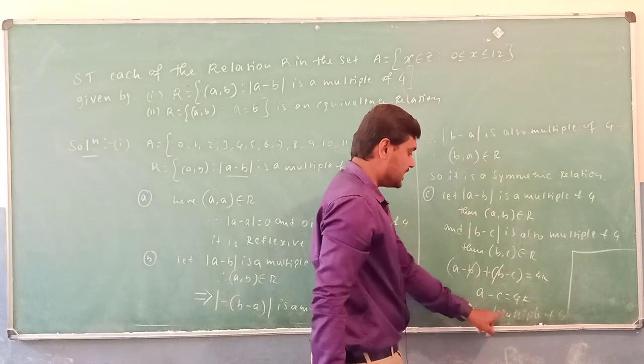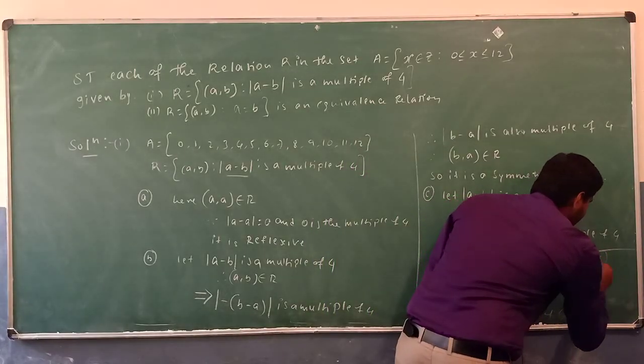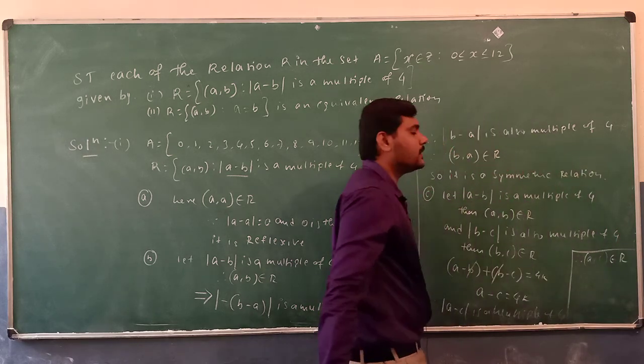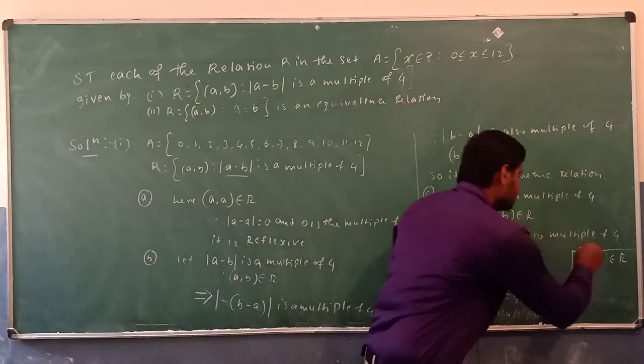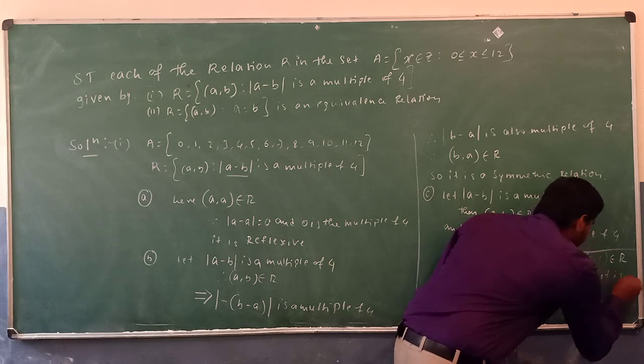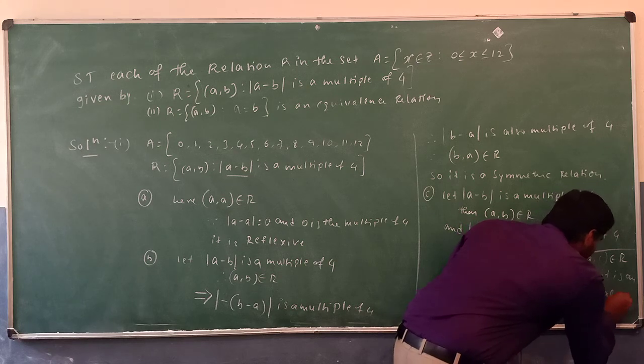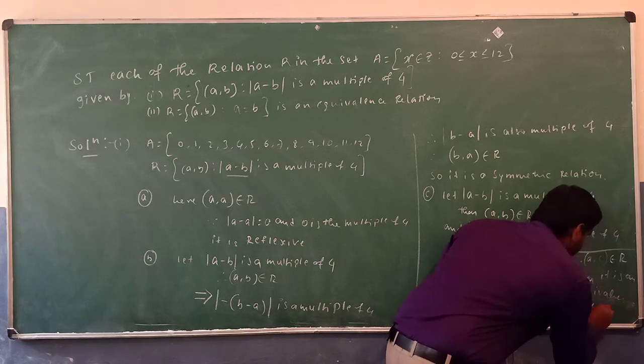Therefore, the modulus of A minus C is a multiple of 4. Therefore A comma C also belongs to R, then it is an equivalence relation.